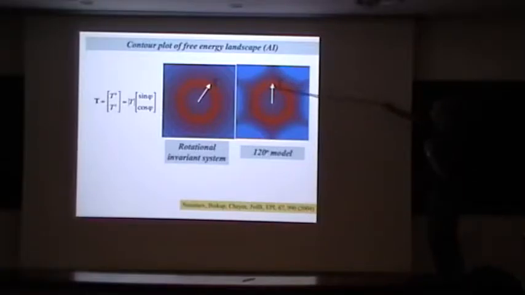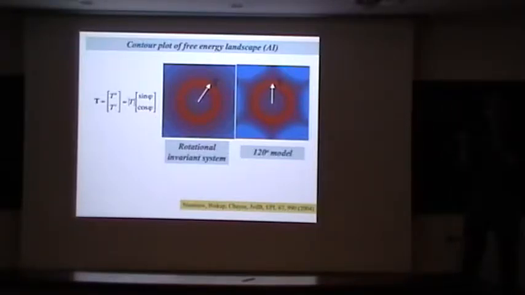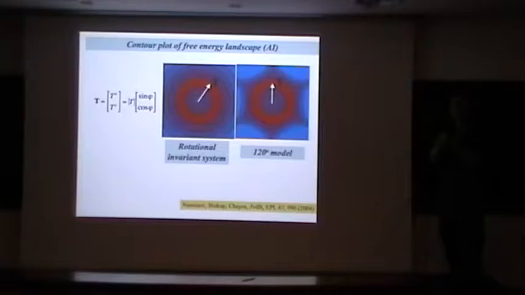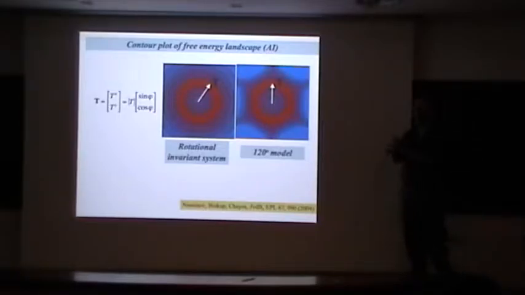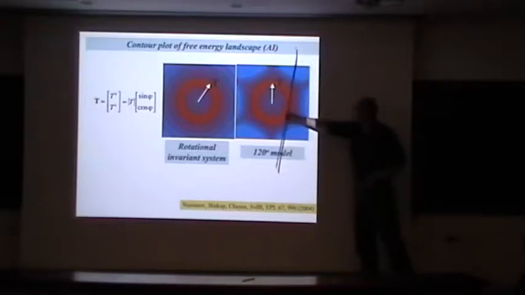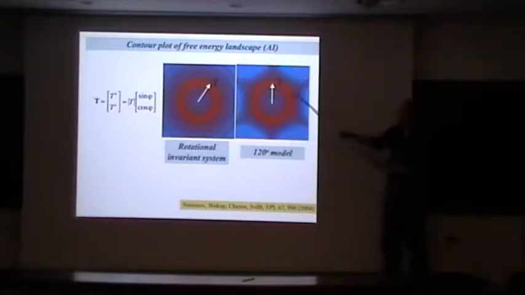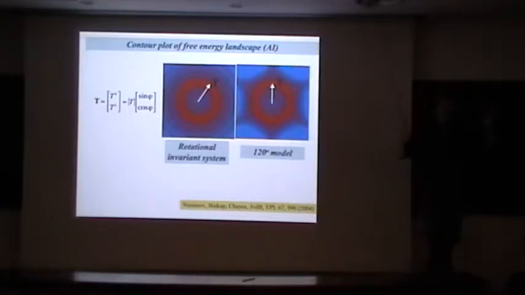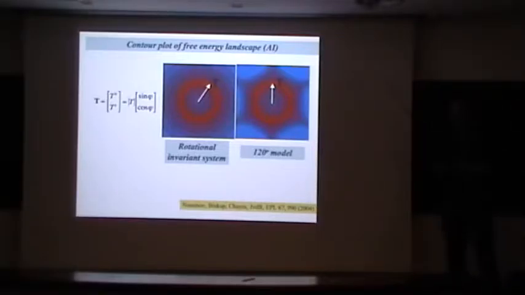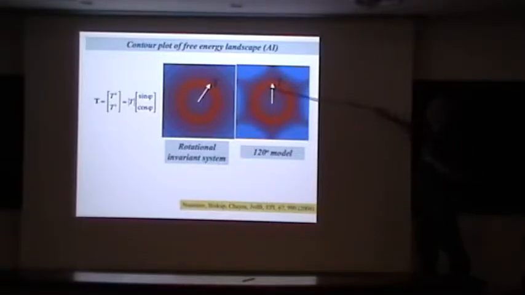If you look at this region locally, the landscape is very flat, which is good for excitations. The phase space for excitations here is better than when I rotate by 30 degrees, because there the valleys are much more pronounced and deeper, and there's less phase space for fluctuations. So if I look at fluctuations, this ordering vector actually wants to stay around here.